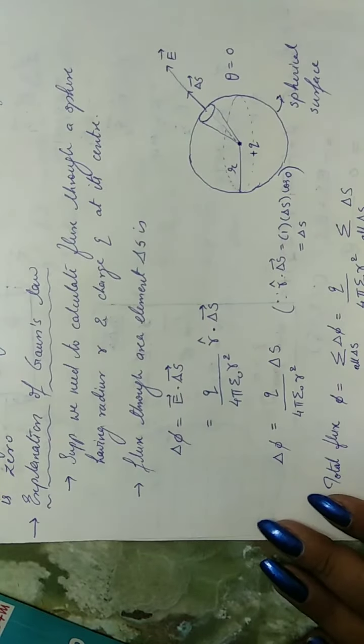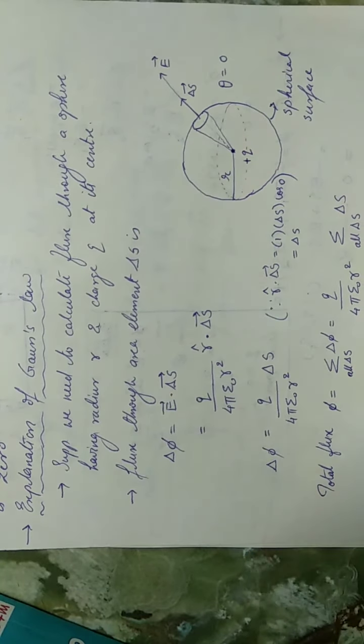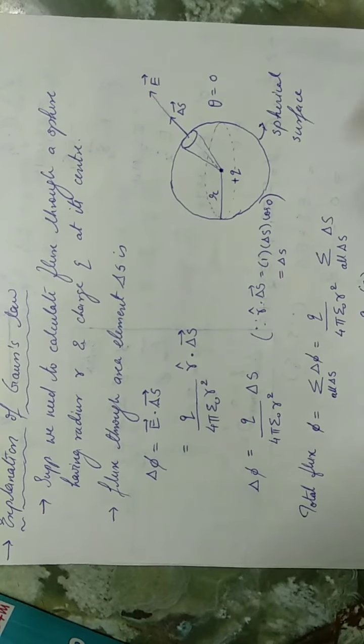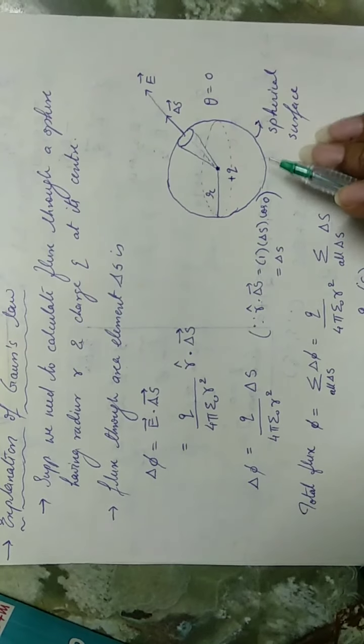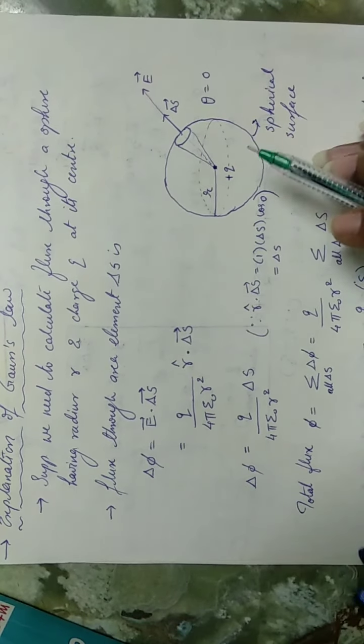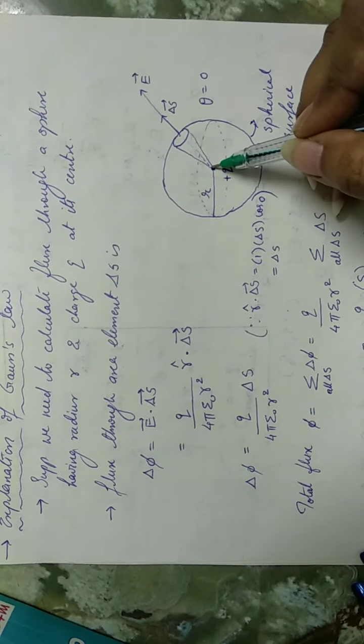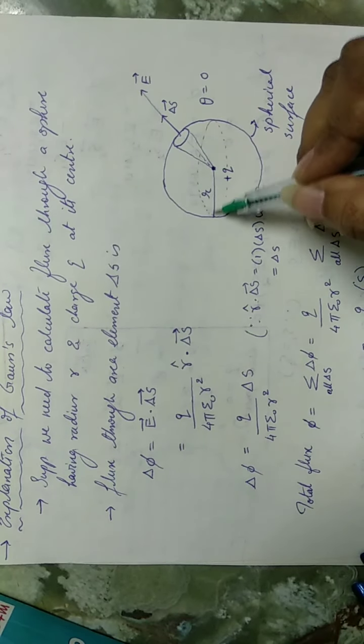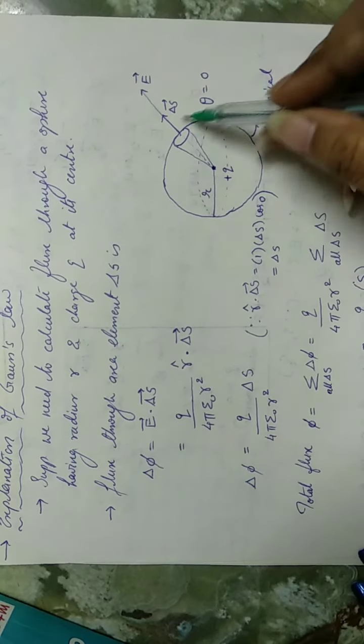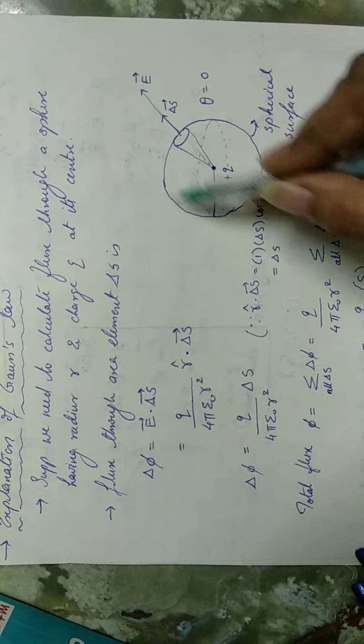As we discussed just now, if we calculate flux through a closed surface, then we can obtain Gauss law. So suppose this is our closed surface and I need to calculate the flux passing through it. This surface has a charge q enclosed within it, the radius of this surface is small r, and this is a spherical surface.